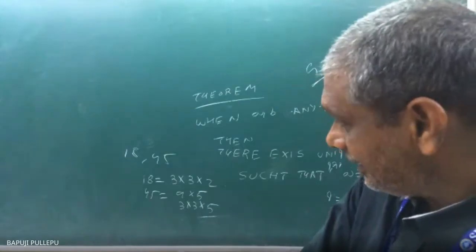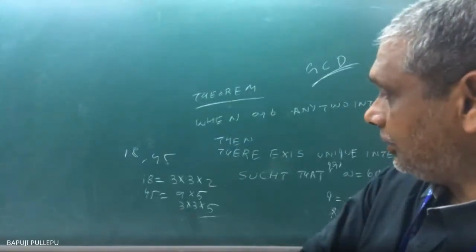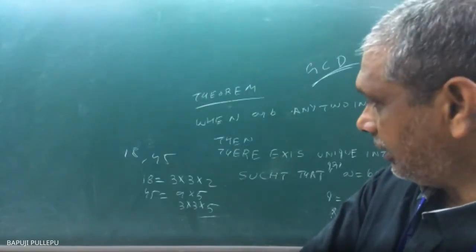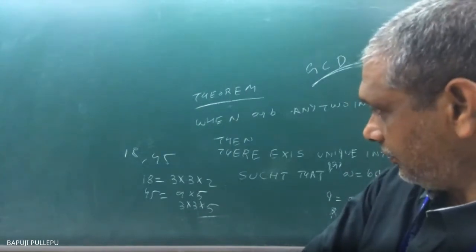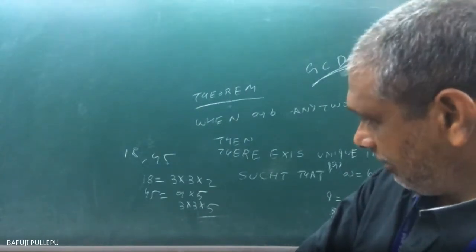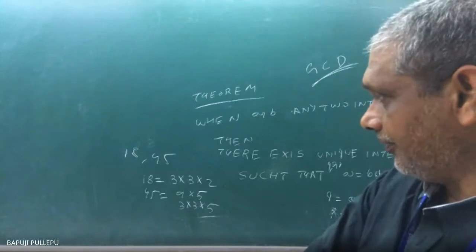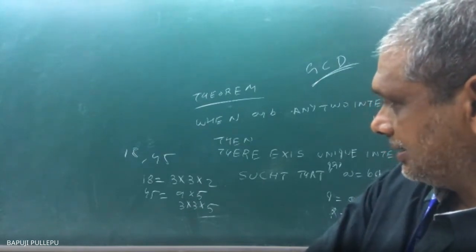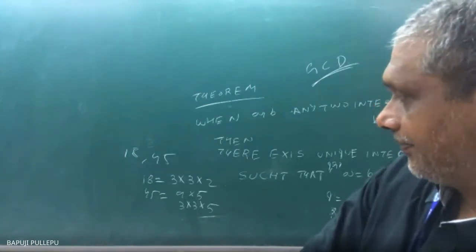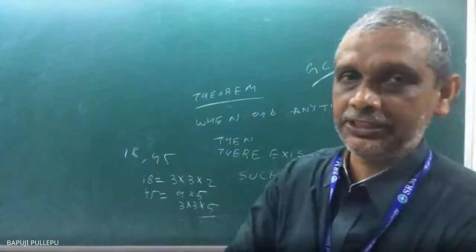You are taking 3 into 3 two times, fully. One time you take 3, only 3 two times. Then 5 also you are taking, 2 also you are taking, correct? So LCM is 90.